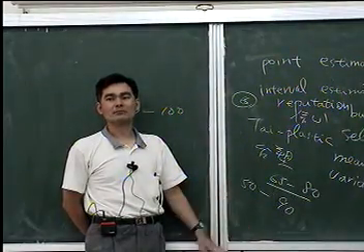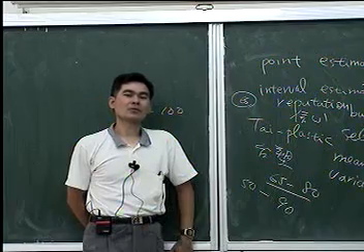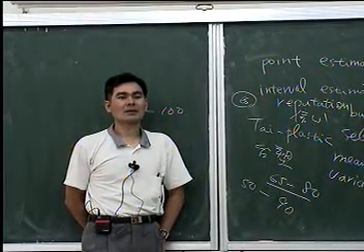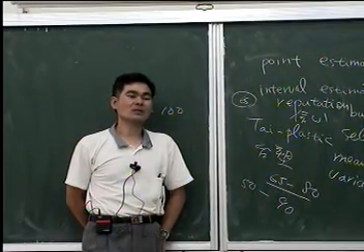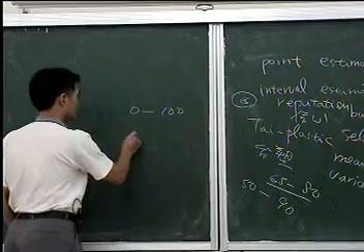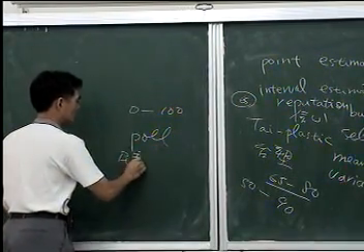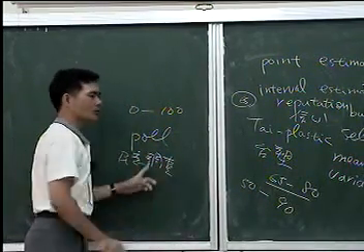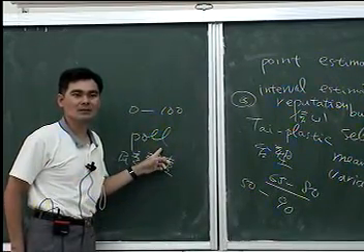For example, next year we're going to have a presidential campaign, and of course Mr. Chen and Mr. Lian are worried about the probability they're going to be elected. They need to look at a poll. But is the poll 100% correct?